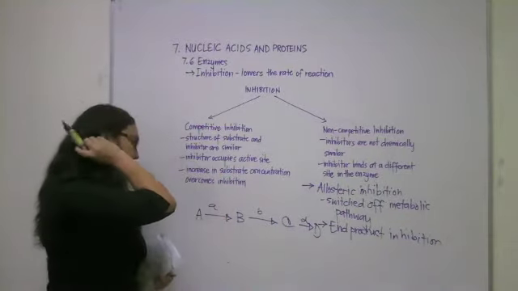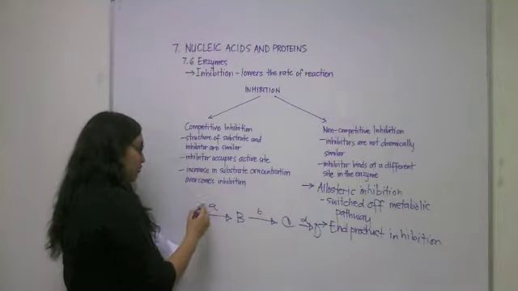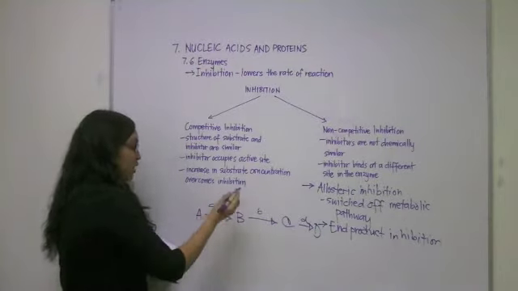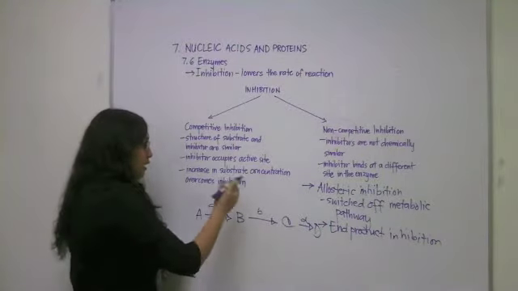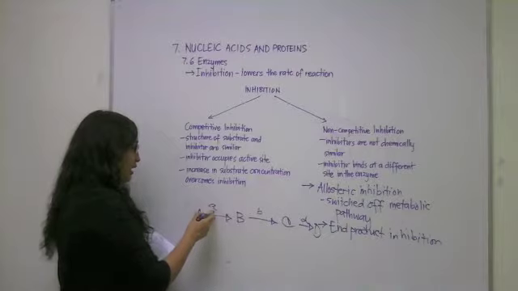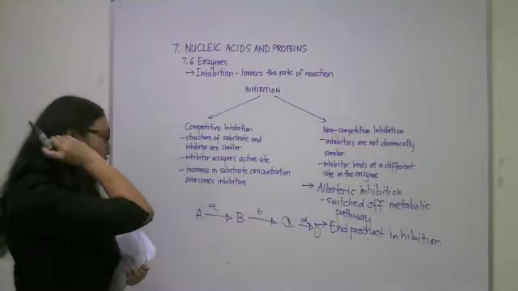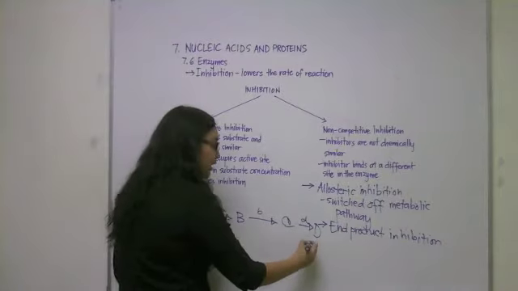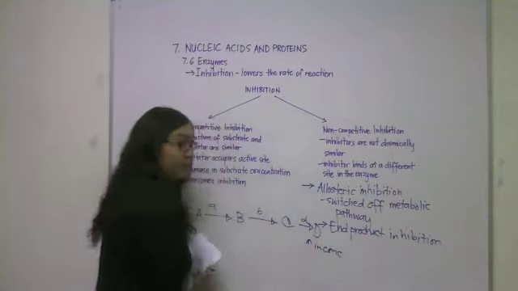So the substrate A is changed into B, and then B into C, C into D, being changed by their appropriate enzymes. At the end of the process, there is an increase in the concentration of substrate D.